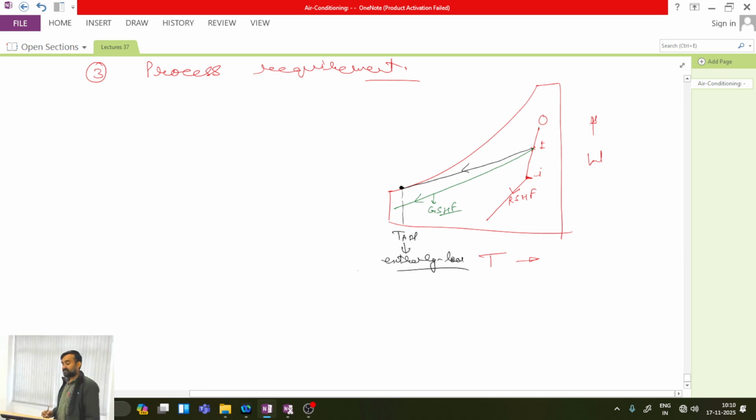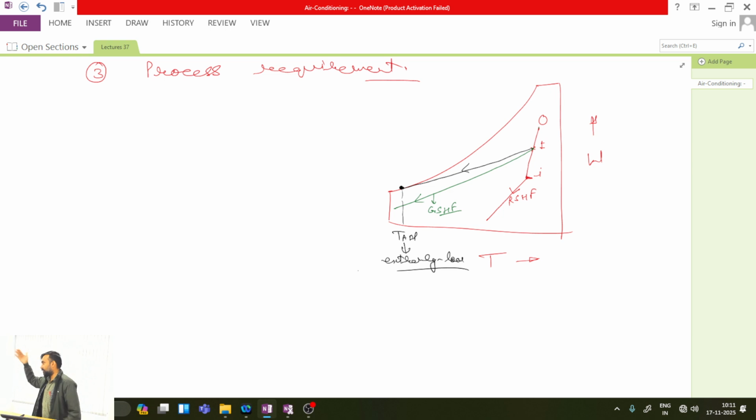It means that in this scenario, you have to maintain a very low apparatus dew point temperature. So whatever refrigeration unit is maintaining the cooling coil temperature, its evaporator temperature will be very low and it will be operating from very low temperature to high temperature, which means the pressure ratio across the compressor will be very large. In that case, the refrigeration system which we are using will become inefficient.